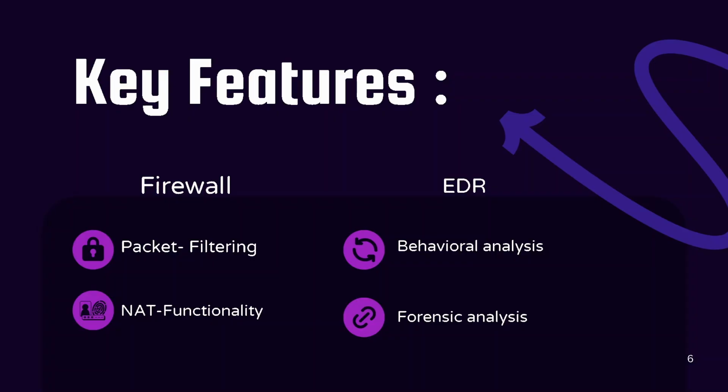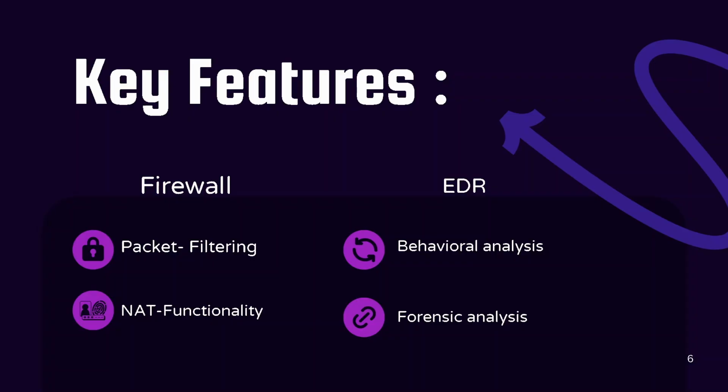Now we know that a packet also has headers and footers. So it modifies the address on the packet header as it passes through the firewall. So that is the functionality considered for firewall.